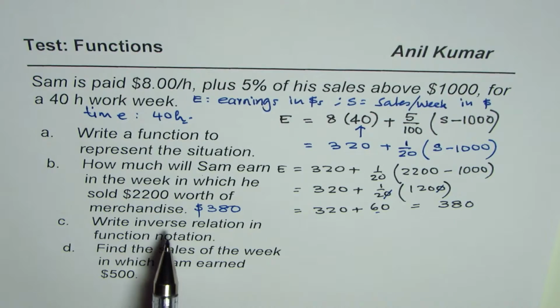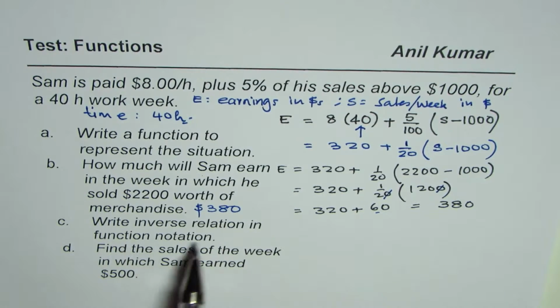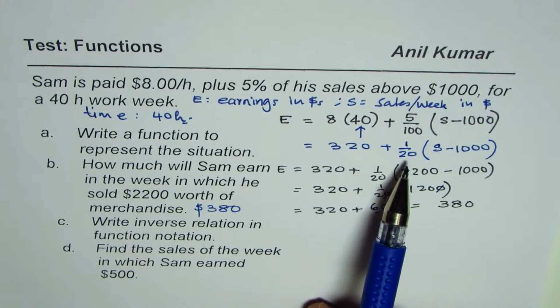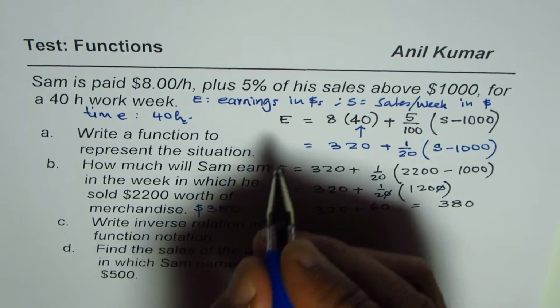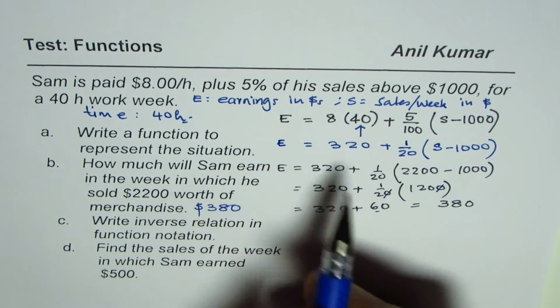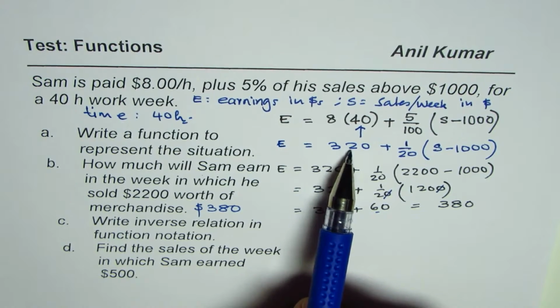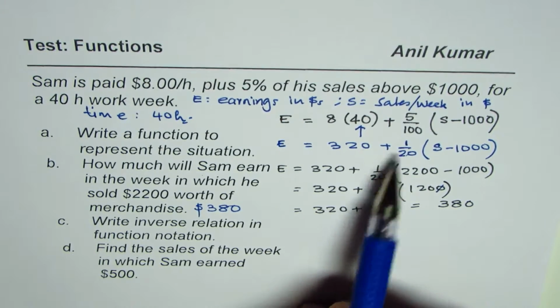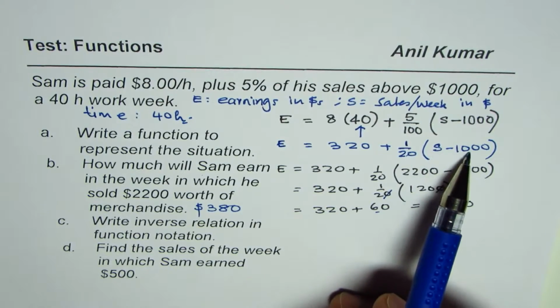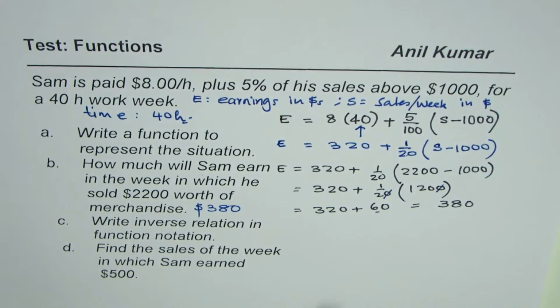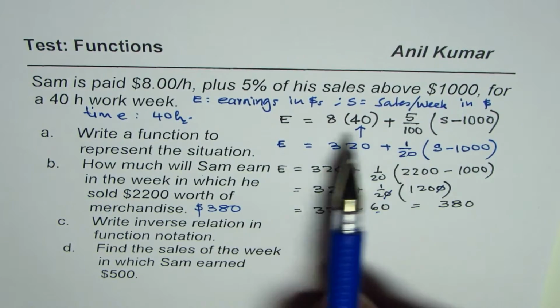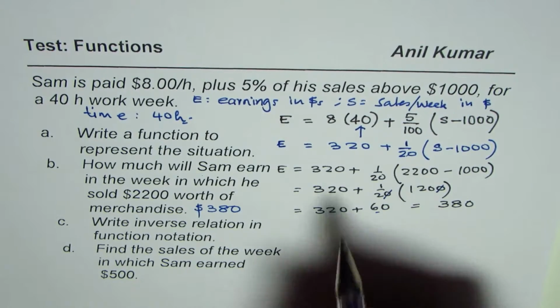Now part C is, write the inverse relation in function notation. From here we can write down the inverse relation. Basically it is E minus 320, multiply by 20, and then you add 1,000. I'd like you to do these steps one by one.